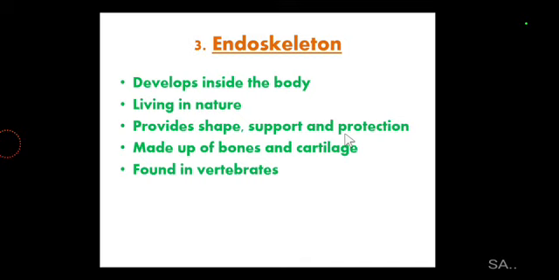If you look at the composition, the endoskeleton is made up of bones and cartilage. Bones are harder, and cartilage is a flexible component of this endoskeleton. It is found specifically in vertebrates. I hope that you understood it.